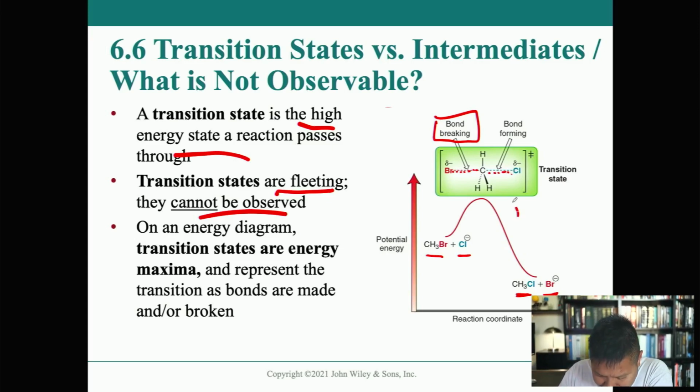It's actually literally happening right now in this picture, the forming of a bond and the breaking of a bond. And that's a transition state. Generally it happens quite quickly. It's very high energy, and that's why you can't observe it.